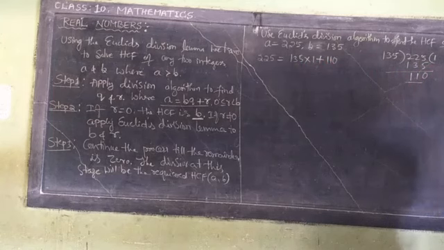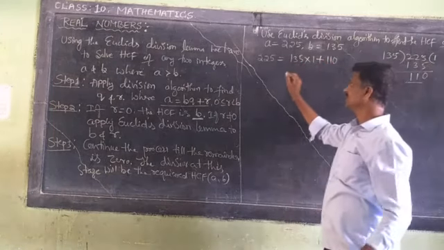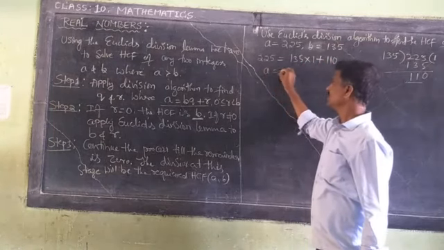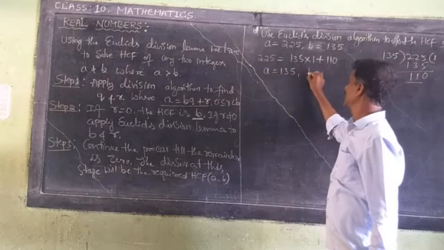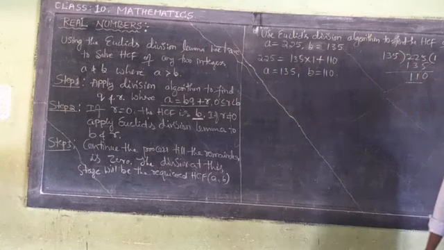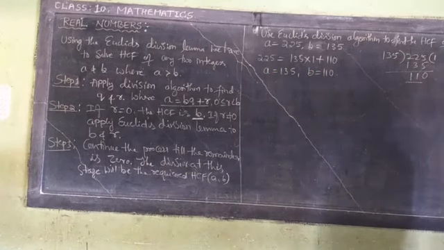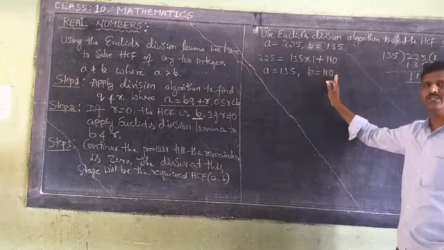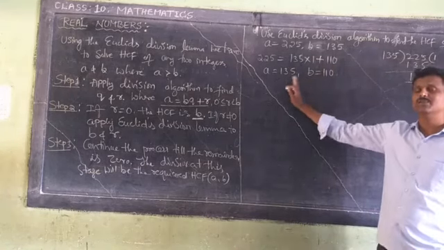For applying the lemma, B is taken as A here. Now A is equal to 135 and B is the remainder. By applying this, you can do the Euclid division lemma.